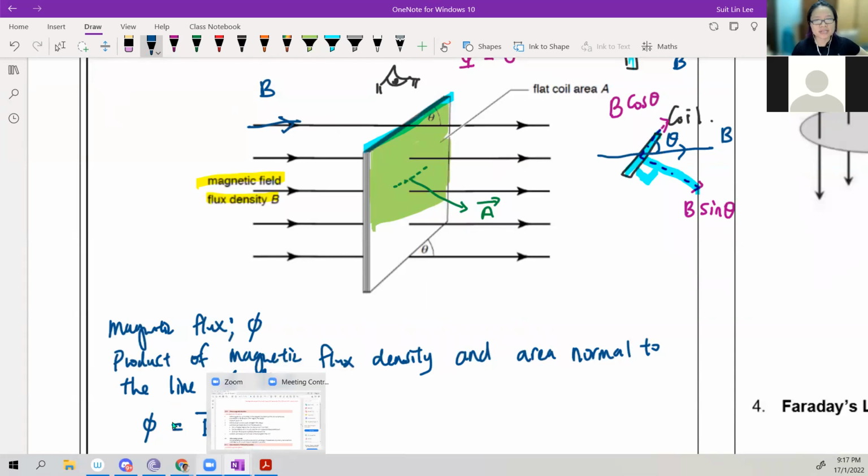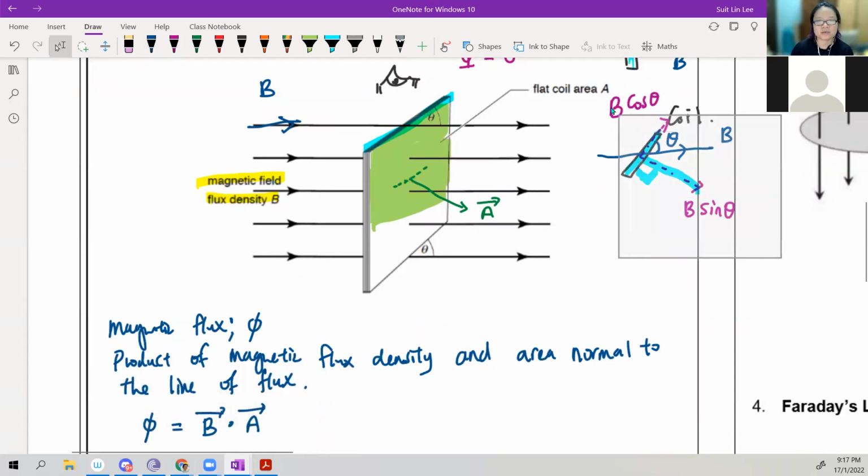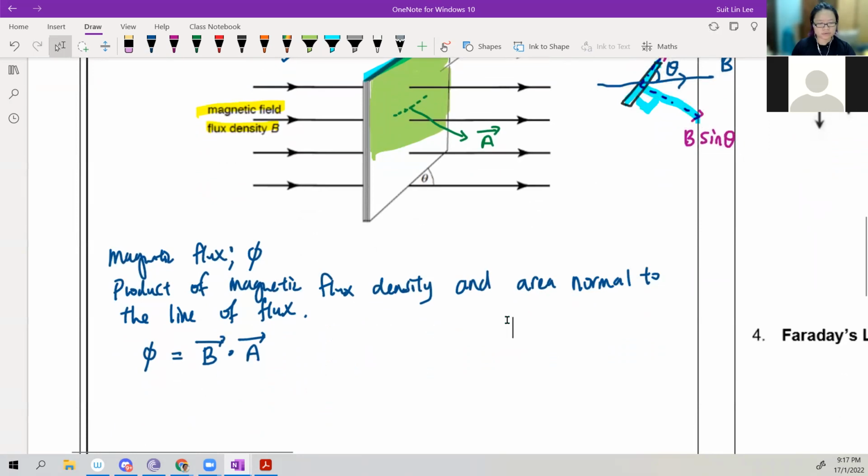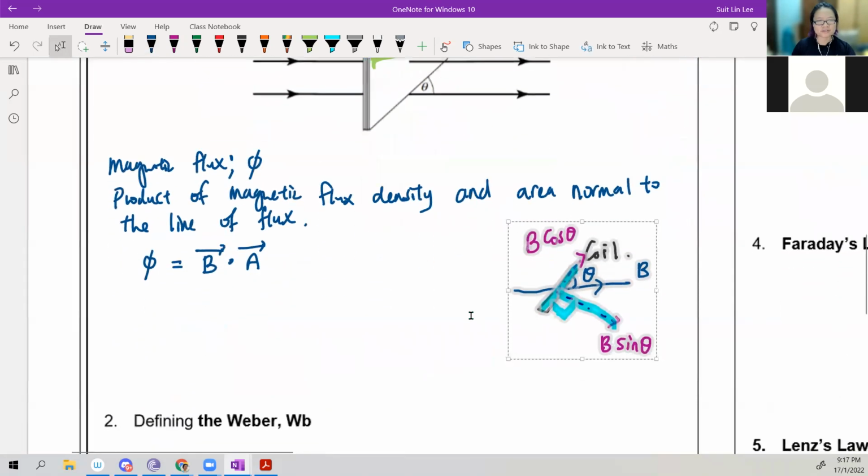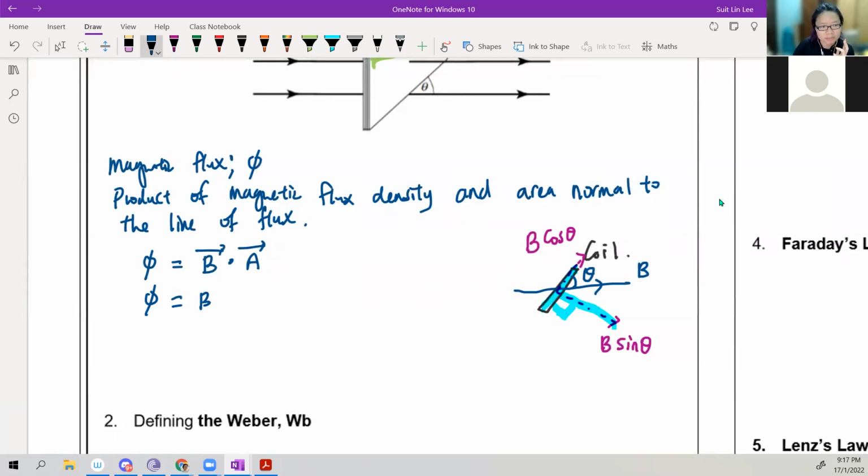We need to settle the issue of angle, right? So let me copy this and bring this down with us. Regarding the issue of angle, which angle to take? If you do maths and you know the dot product or the scalar product, you will know that this is actually BA cos theta.